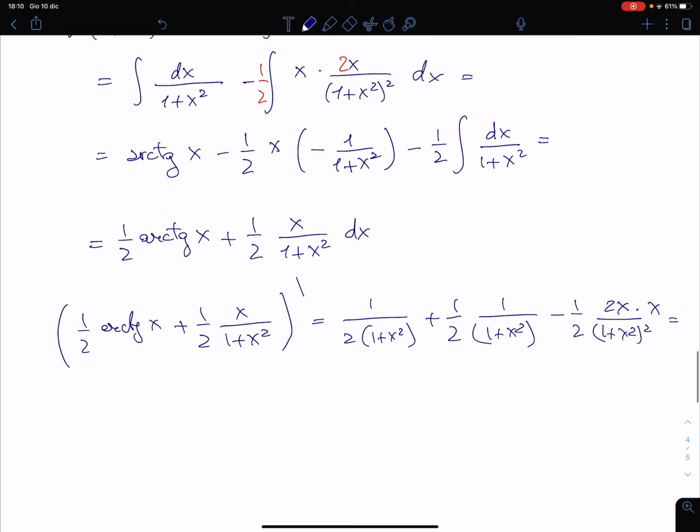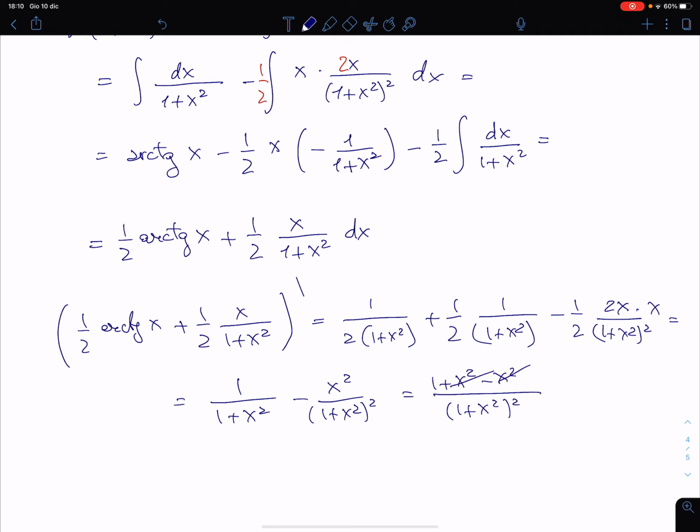Okay, so here you have 1 divided by 1 plus x squared minus x squared divided by (1 plus x squared) squared, and we write it again as (1 plus x squared) squared, and here 1 plus x squared minus x squared, and this is correct. Okay, this is just to verify.